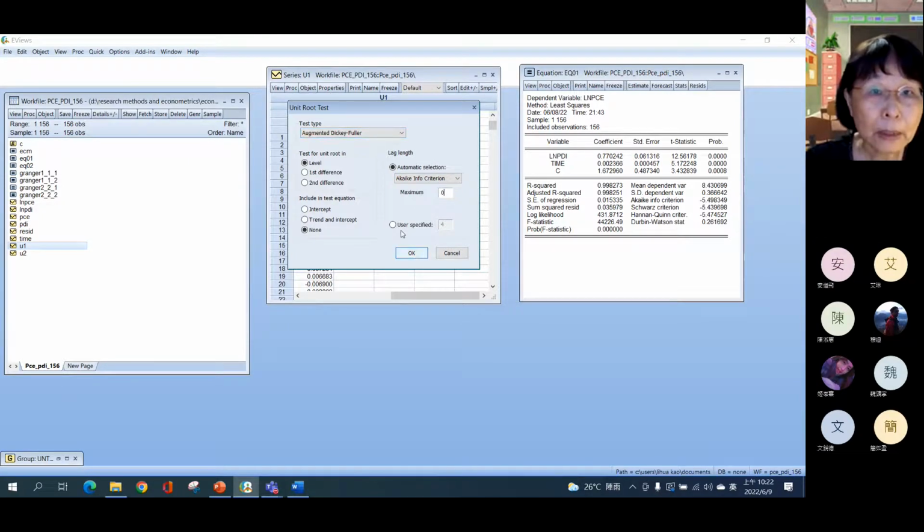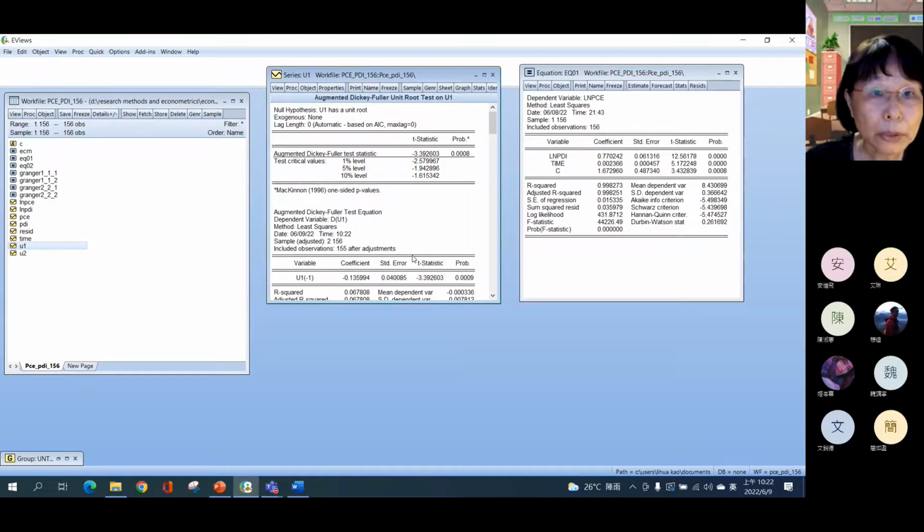After I start from zero, what did you see? We see the probability is very low, right? This means U1, the residuals, is stationary. Let's try more.